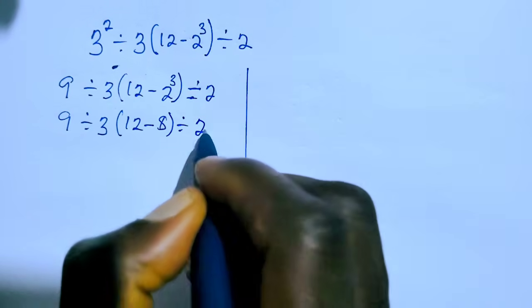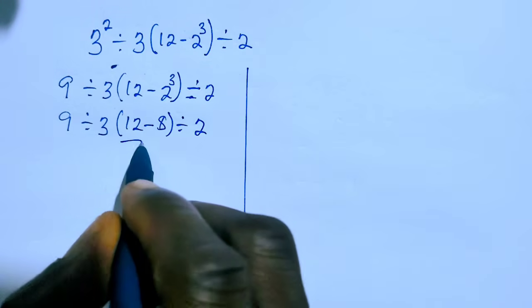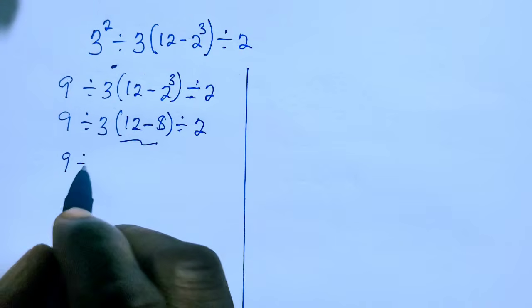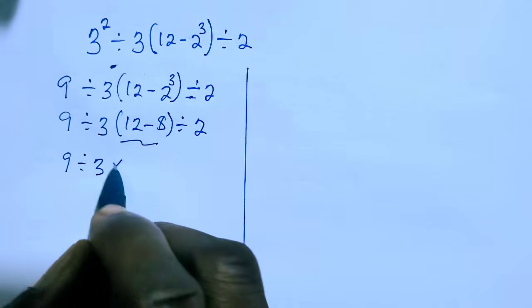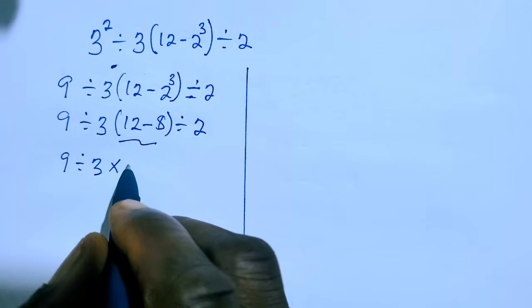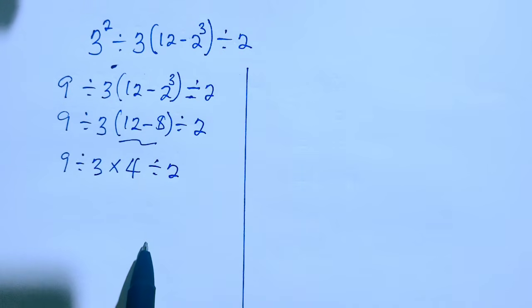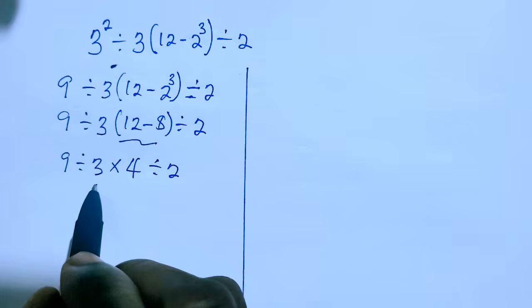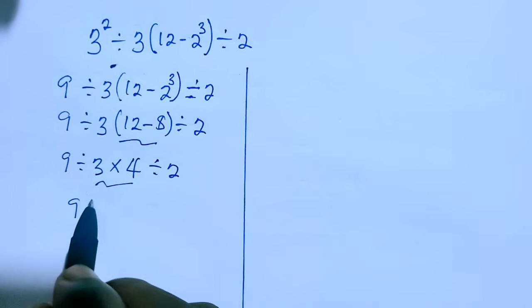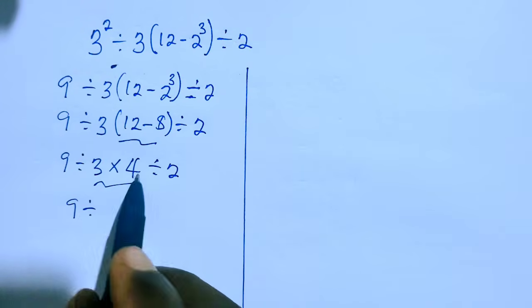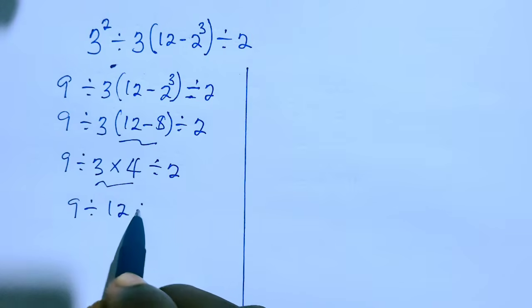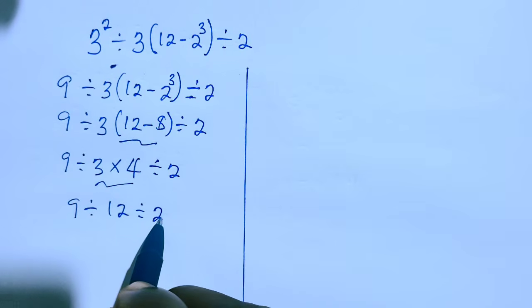Then divided by 2. And they consider this 9 divided by 3 multiplied by 12 minus 8, that gives 4, divided by 2. And later consider this 9 divided by 3 times 4, that gives 12, divided by 2.